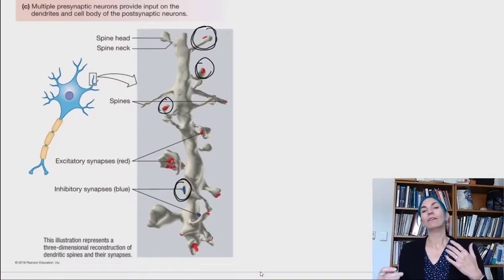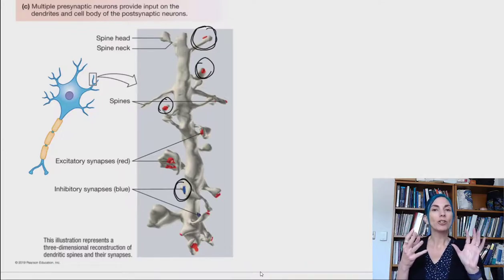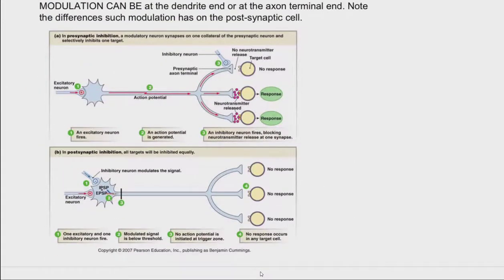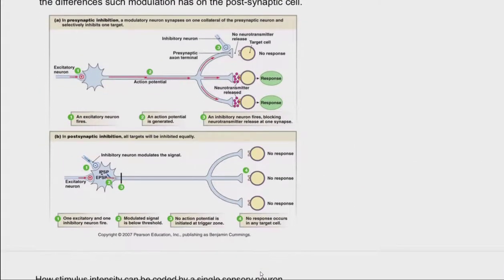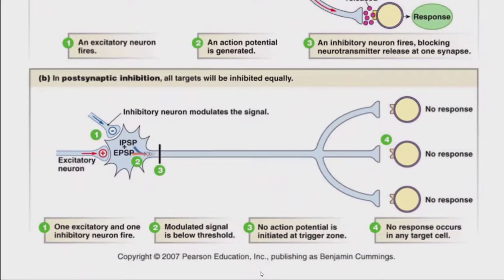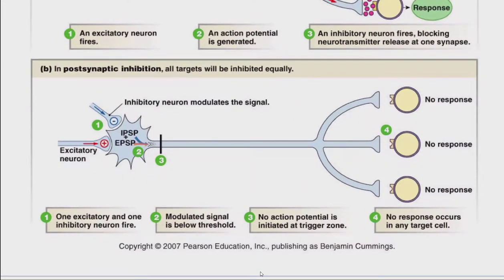And moreover, when we think about different ways that we can modulate signals with inhibitory neurons, there's not a one-size-fits-all. In this example here, I'm actually going to focus on the bottom first. This one looks at an inhibitory neuron and an excitatory neuron that are both firing at the same time. So this is spatial summation.